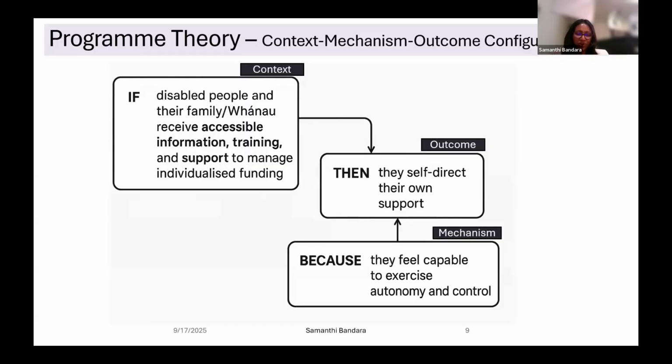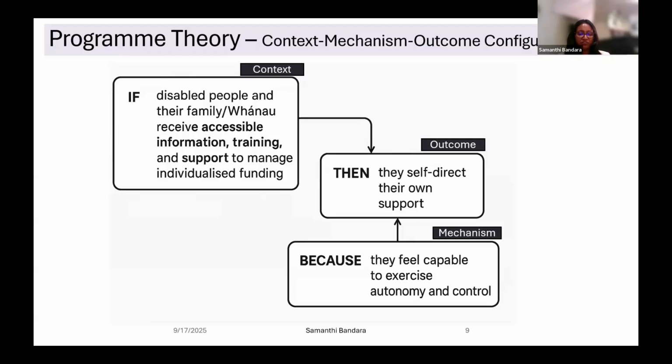So I focus only on mechanism. The mechanism I explain here, the feeling of being capable of exercising autonomy and control, arises from how individuals interpret and respond to the resources and opportunities provided by the intervention.